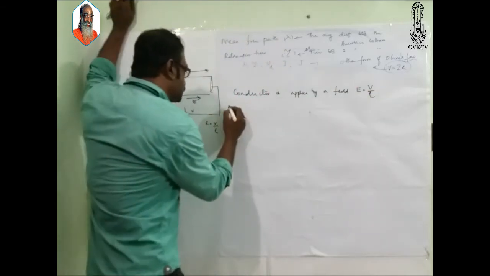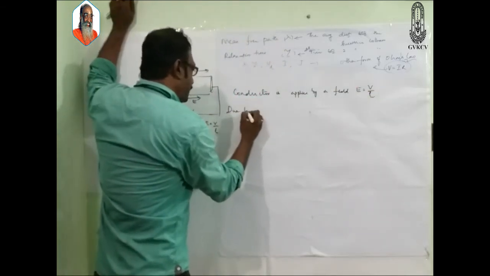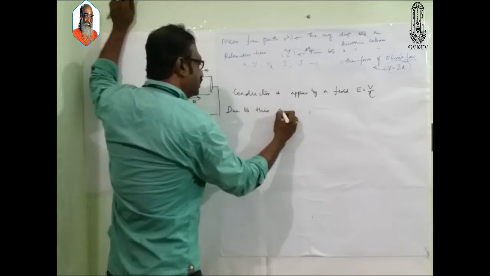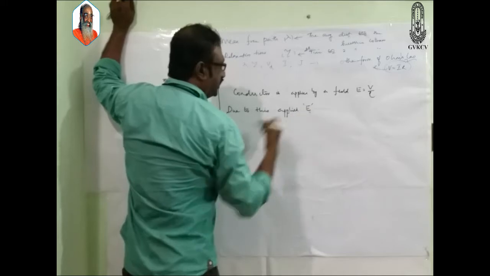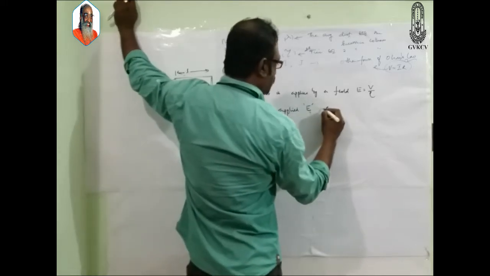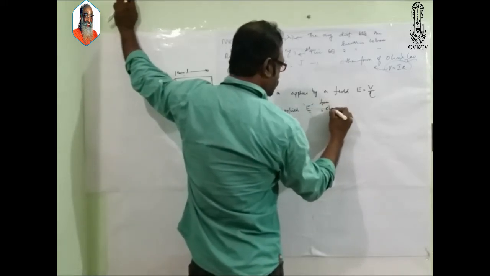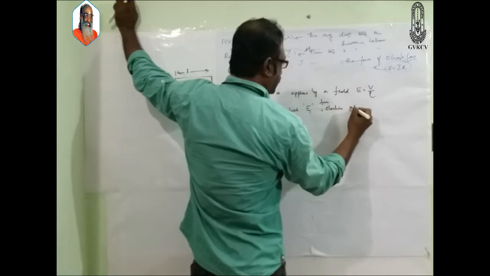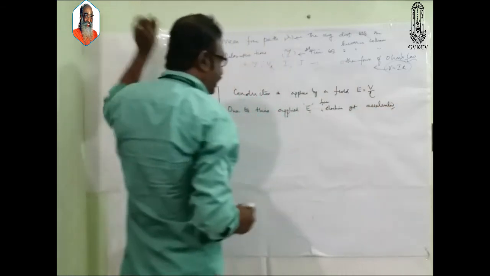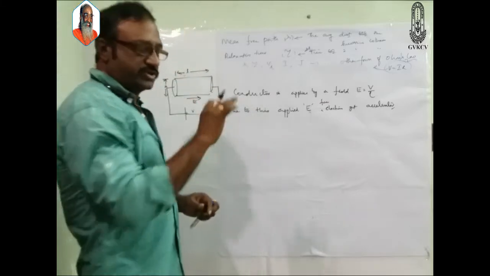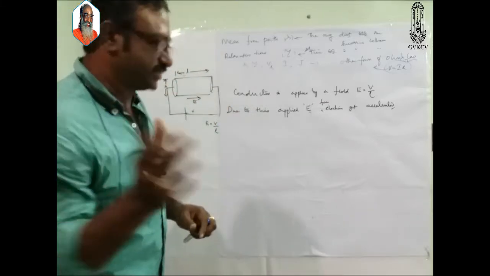Due to this applied electric field E, the free electrons get accelerated. Already we know about this. Because of this, the average velocity will be existing.